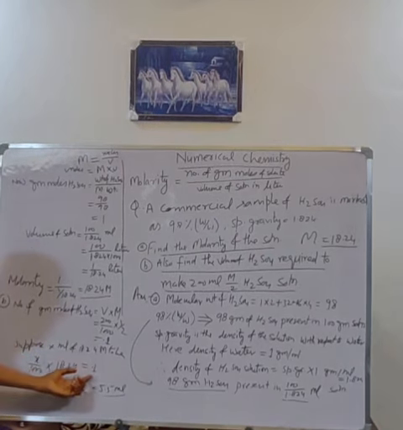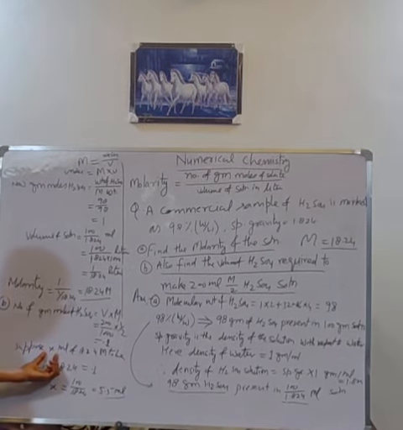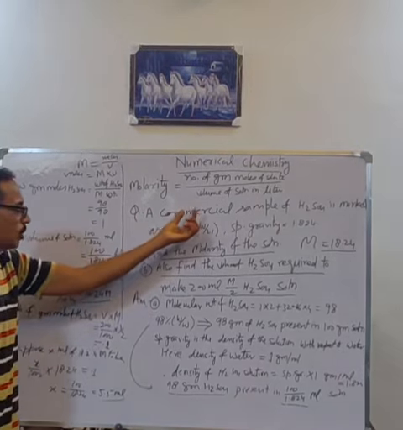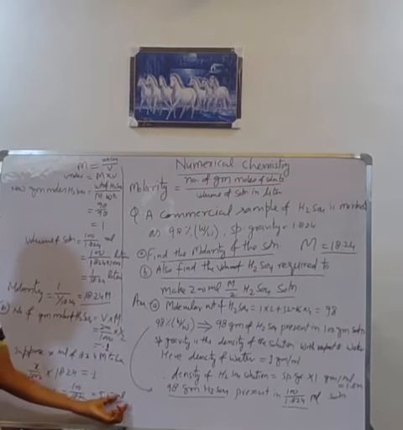So here x is the volume. The value of x we get is 5.5 ml.